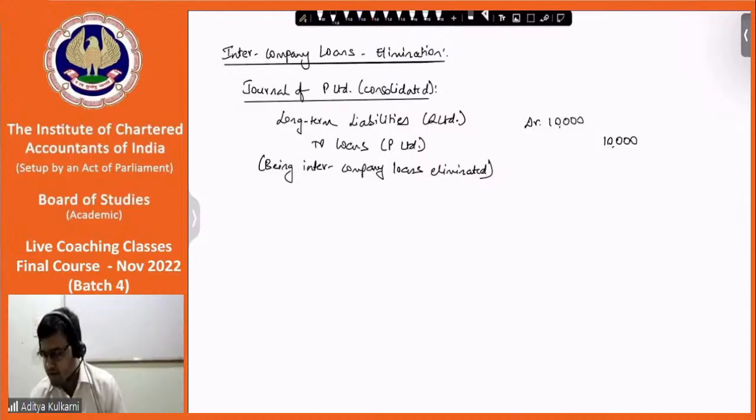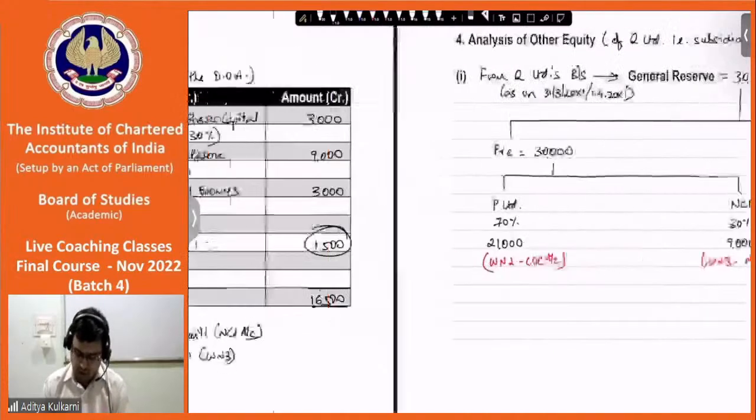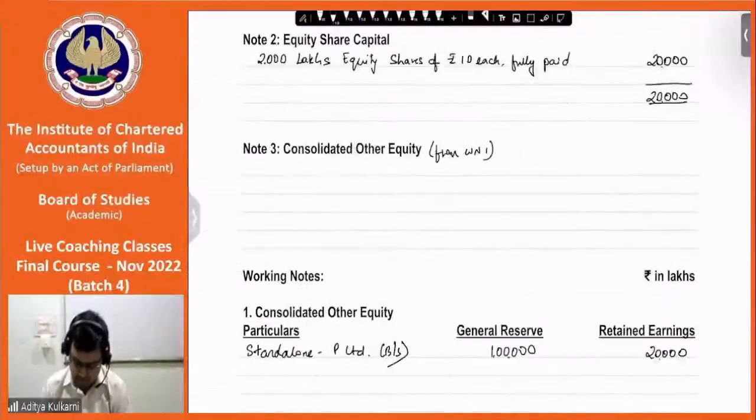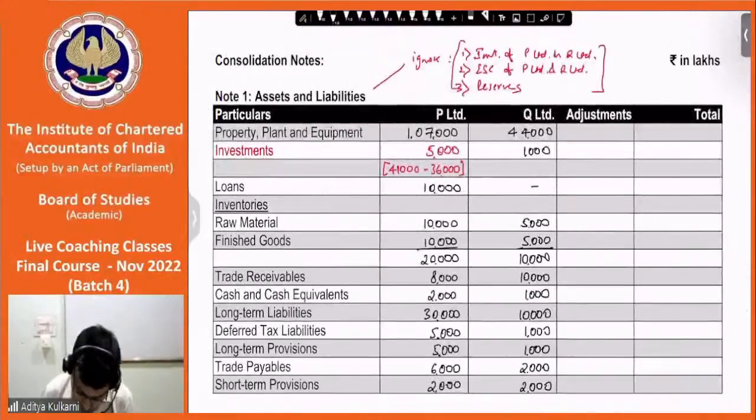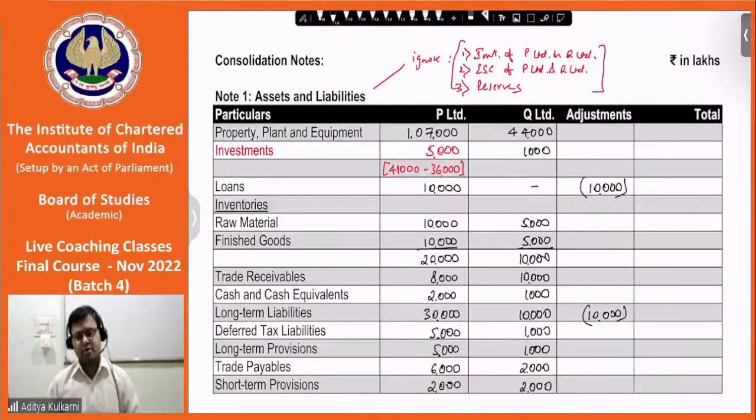So have you written this? Yes. So coming to note number 1, loans, this is P Limited eliminated, and long-term liabilities showing that 10,000. So here also it is eliminated.